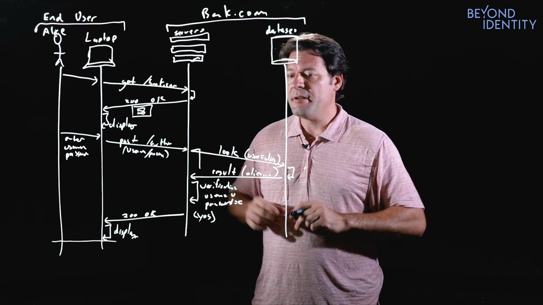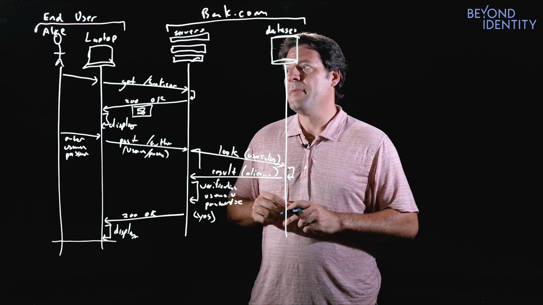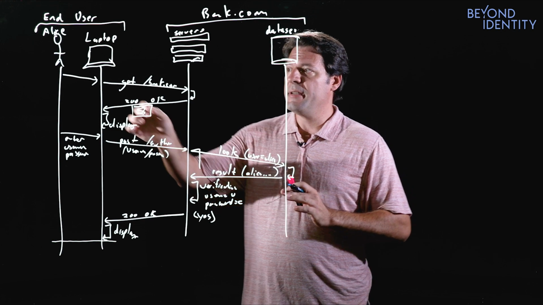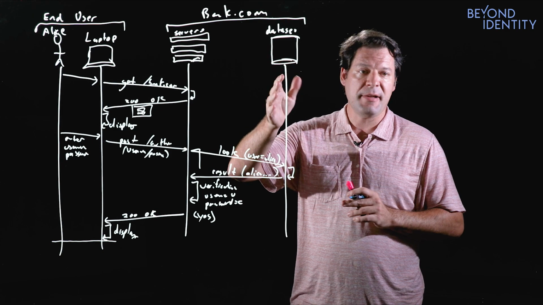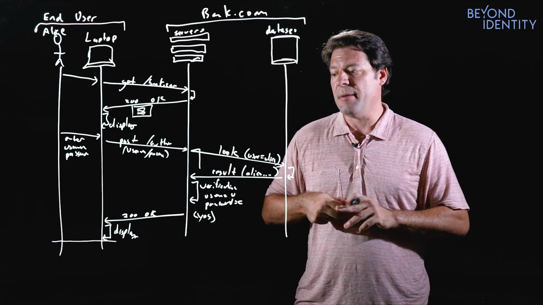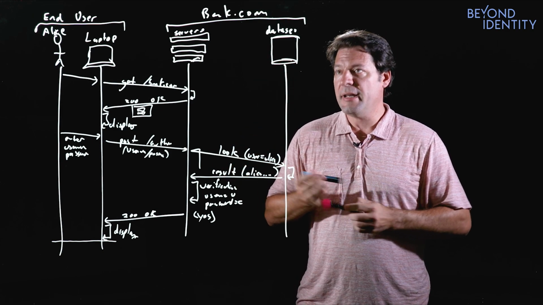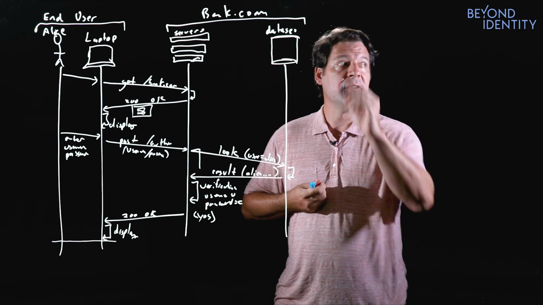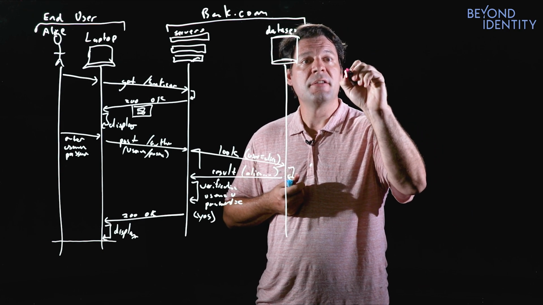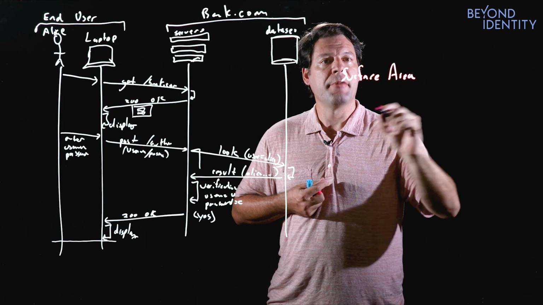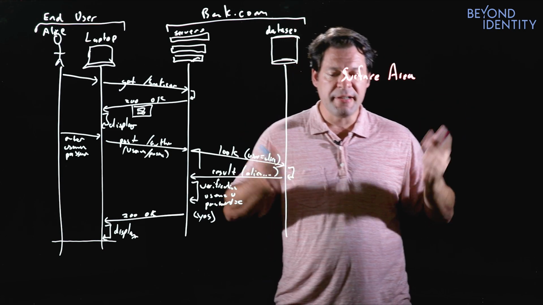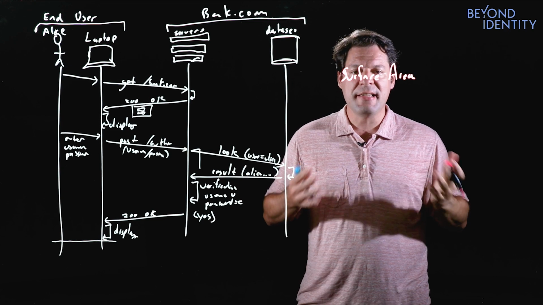So I said I was going to show you something a little bit different this time. What I was doing is showing you the different actors here, and the different actors in the bank, the servers and the database, because I wanted to point out a couple things. Remember earlier we established this framework of surface area. Surface area is really just, think of it as the things that we have to protect.